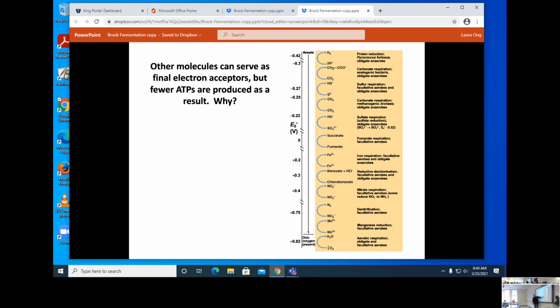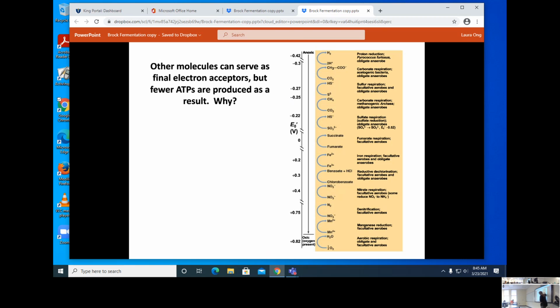And they're arranged in order of the redox potential. This chart, I want you to understand the concept more than memorize any other piece of it. So technically, anything on this page can act as an electron acceptor and pick up electrons and become reduced.